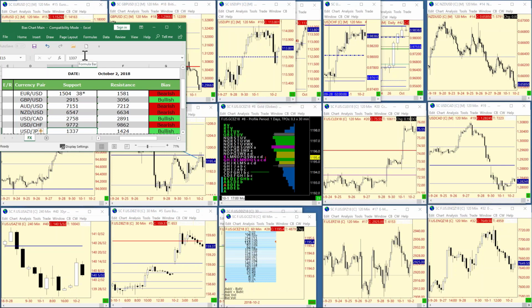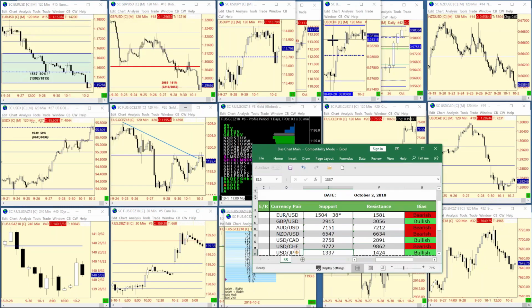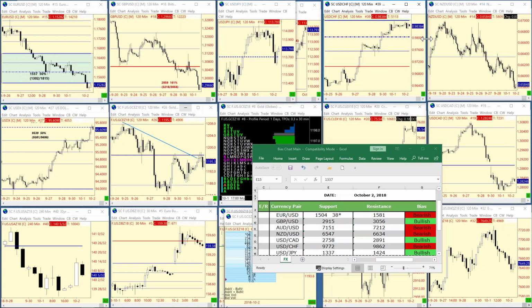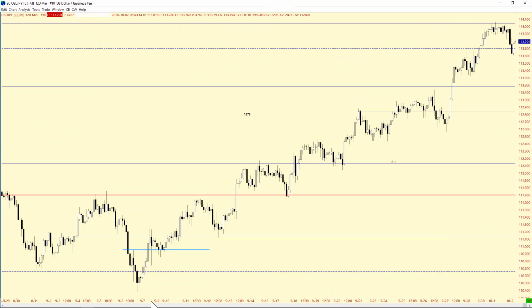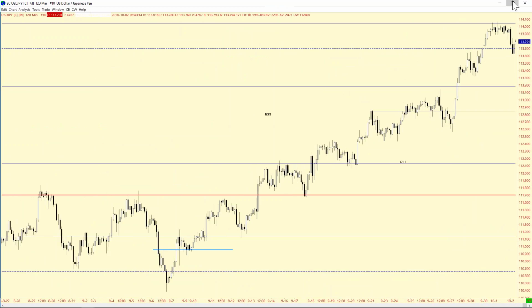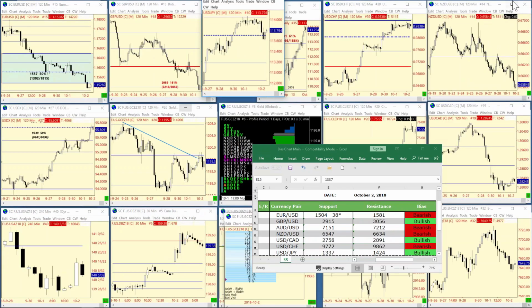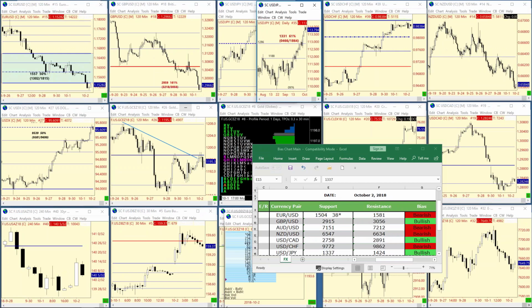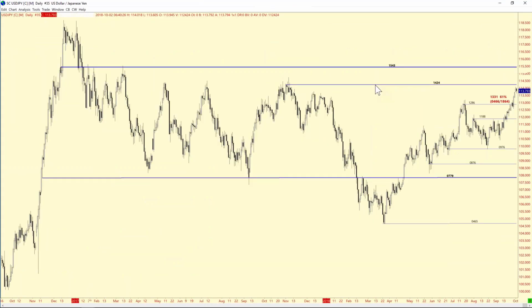And let's move into the dollar yen. We've been hanging around this area, and we're looking here on the 2-hour, but let's move into the daily. This market looks like it's just itching to get to 14.24.